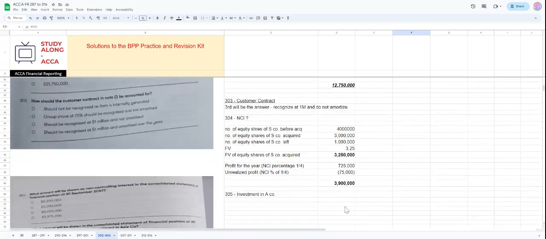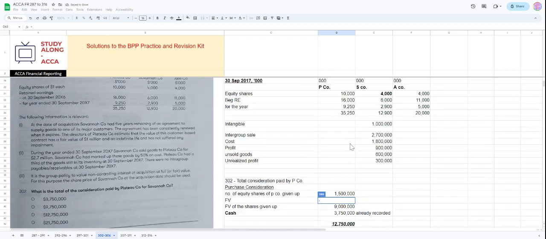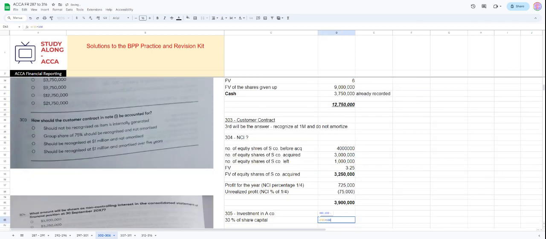So 30% of share capital we will take. So their share capital was how much? 4,000 into 1,000 means 4 million they had. Out of this, 30% we are taking, and then 30% of the profit of A company.